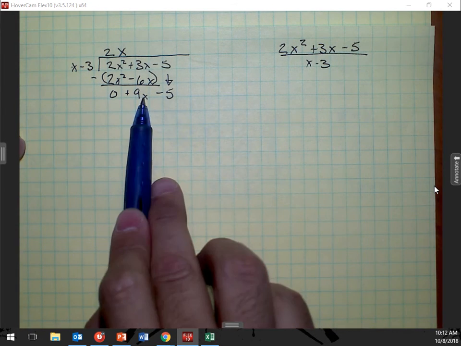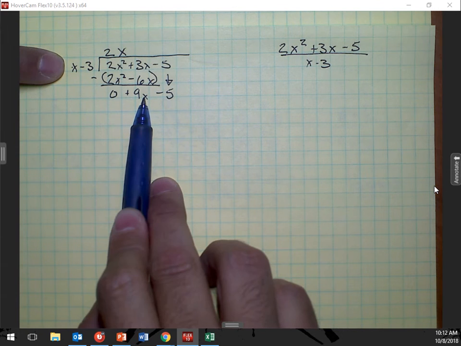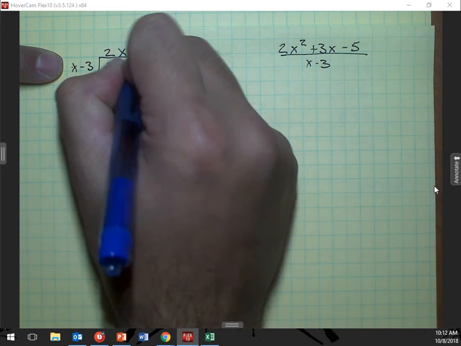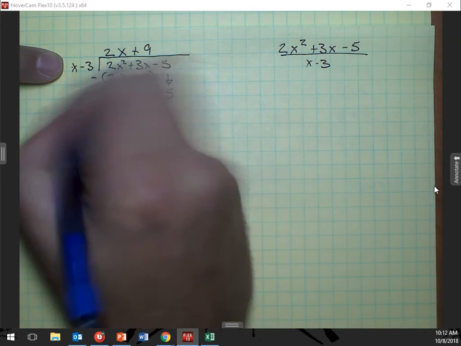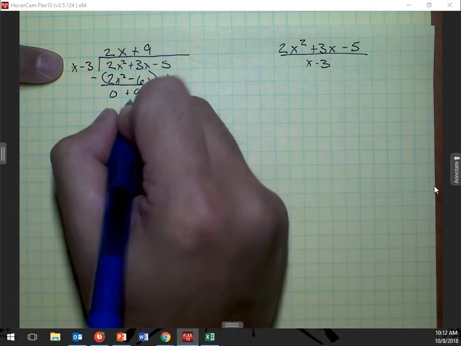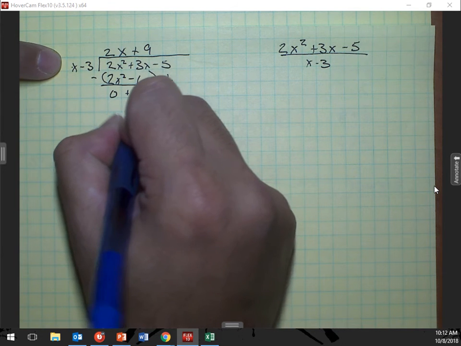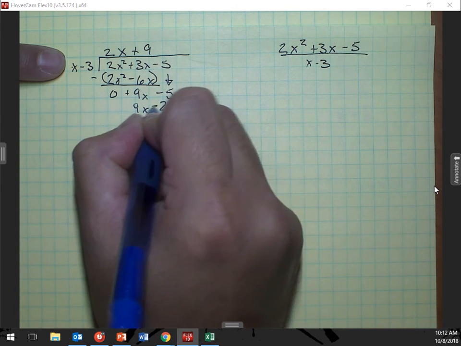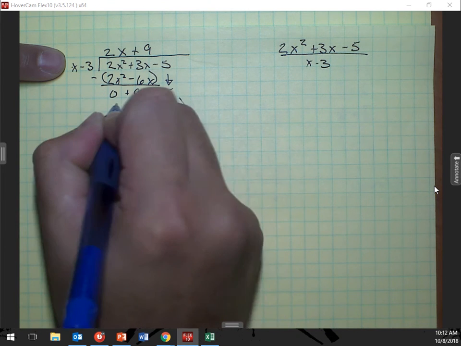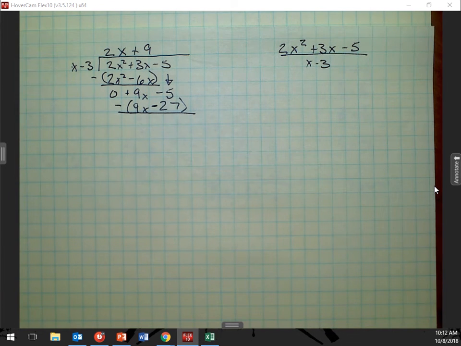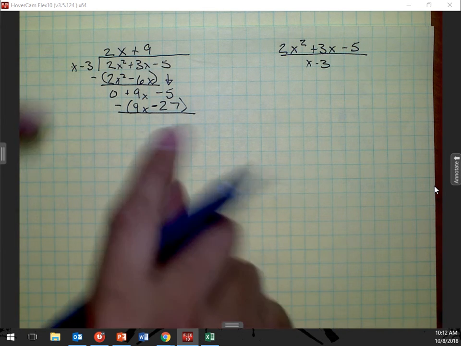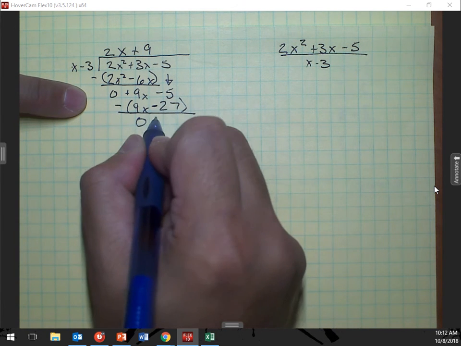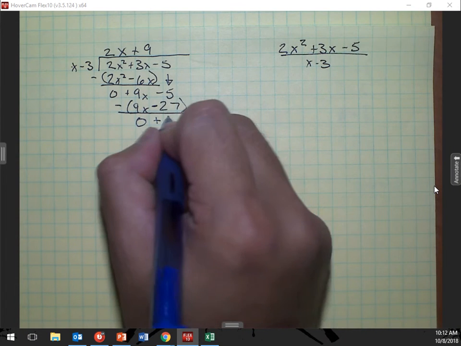So, how am I going to get this one right here? By 9, right? So it's positive 9. As I distribute that, it's going to give me 9x minus 27. Now from right here, I distribute, that's going to be a 0x, and that's going to give me a positive 22.